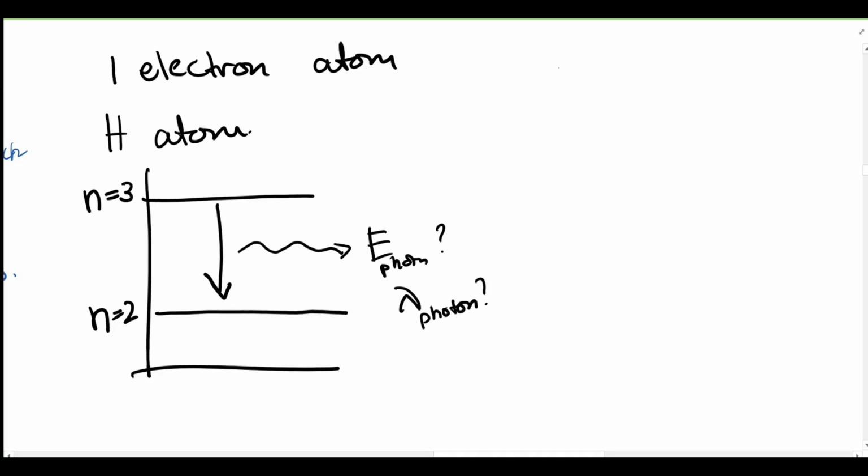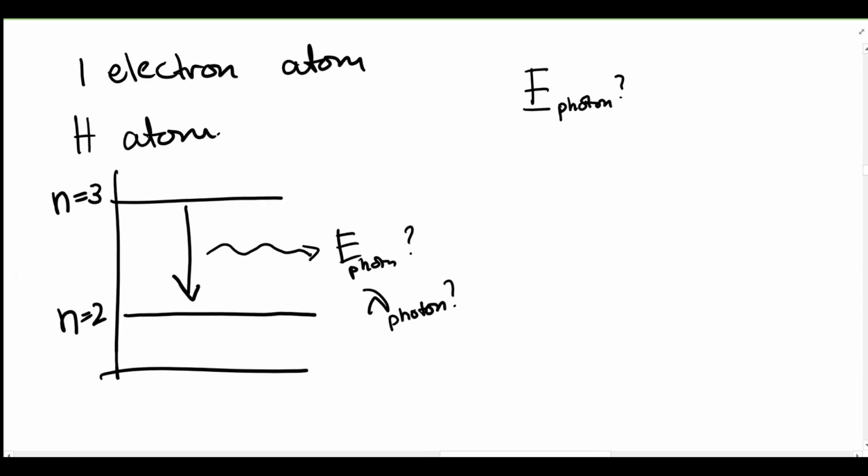So how do I calculate the energy of the photon first? What equation do I want to use, and how do I find out the energy of n equals 3 and n equals 2? Yeah, this is hν.